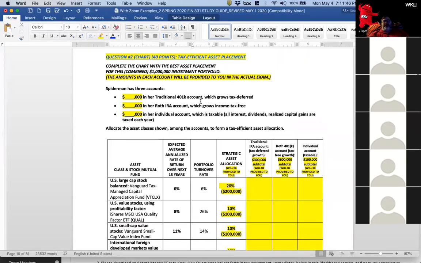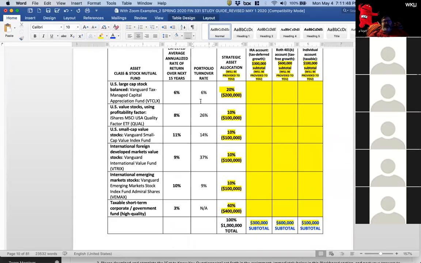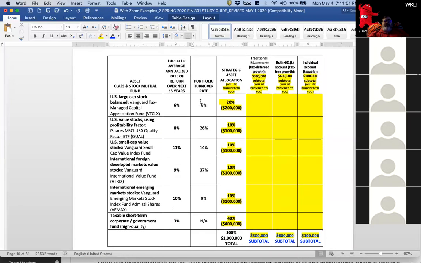Let's do this again with a different chart, okay? Here we go, it's a different one, all right? Different percentages here. Down the left, 300,000 in the traditional IRA account, 600,000 in the Roth, and 100,000 in the taxable account.